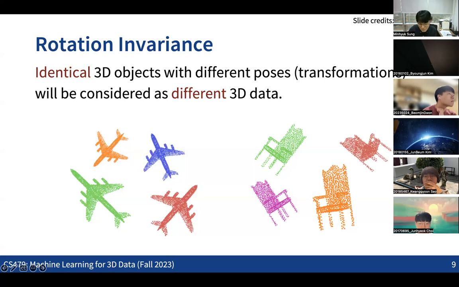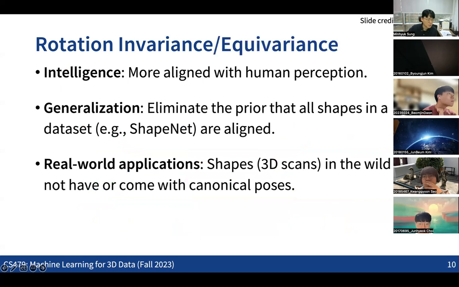So we want to achieve some rotation invariance and equivariance in our design of the neural network. Actually, that's also the way that humans perceive 3D models. For a human, however we rotate the 3D models, all the rotated chairs are the same chair, right?